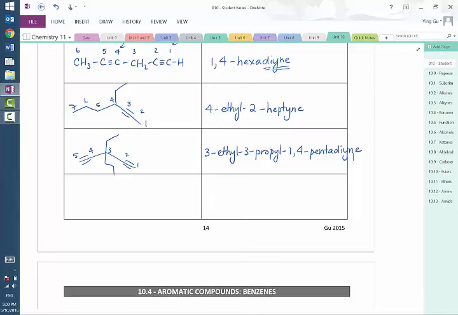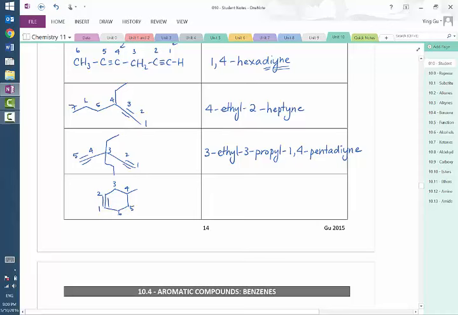Let's do one more example. Oh my god, a circle! Just like with alkenes, we are going to number this starting with 1 at our triple bond. Now remember that we need to number carbons across the triple bond and not skip it. So our choices are, if we want to go clockwise, 1, 2, 3, 4, 5, and 6.